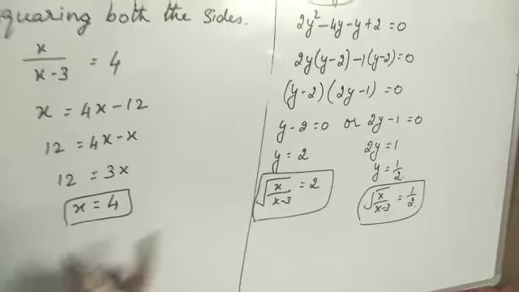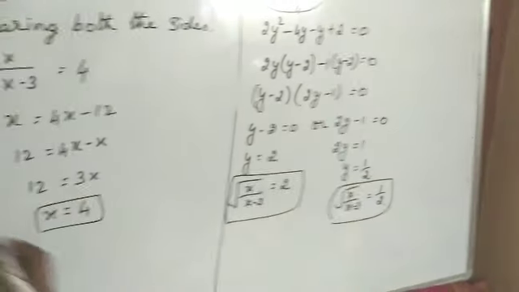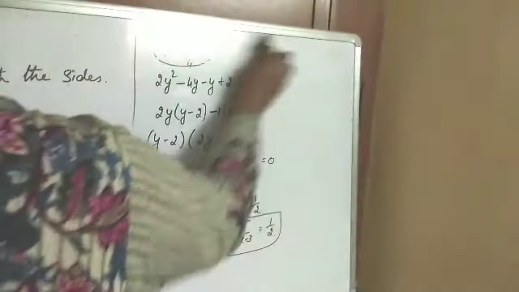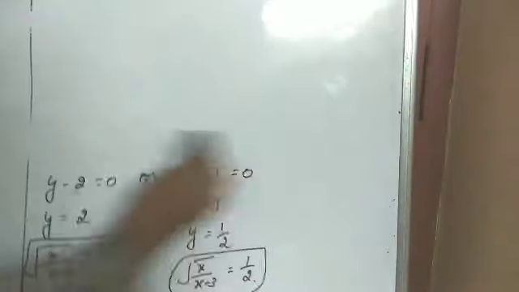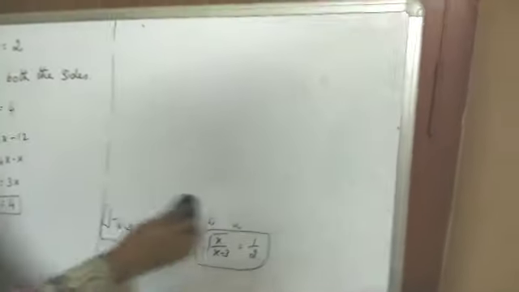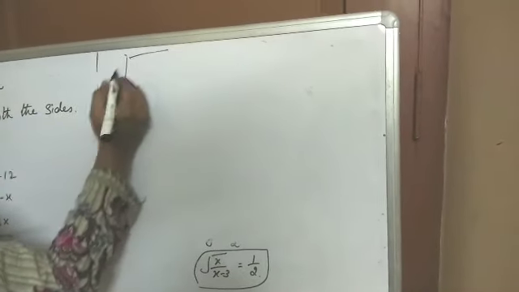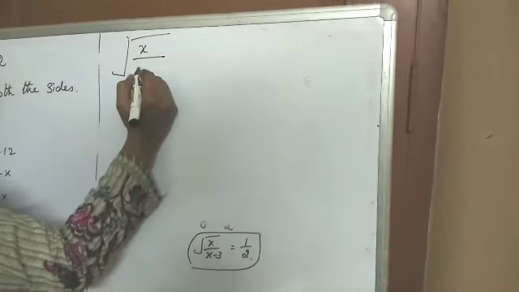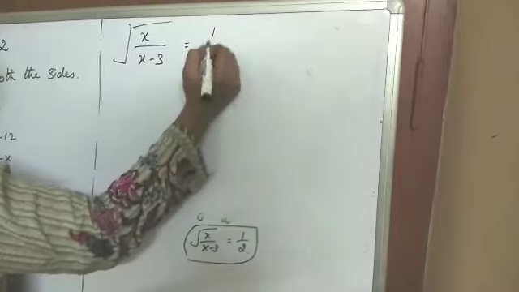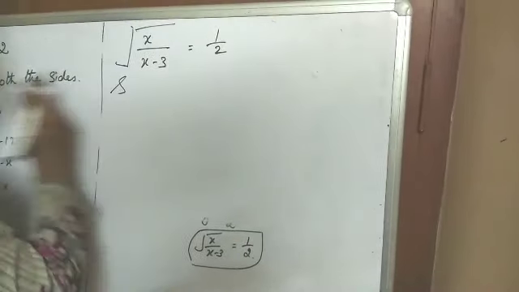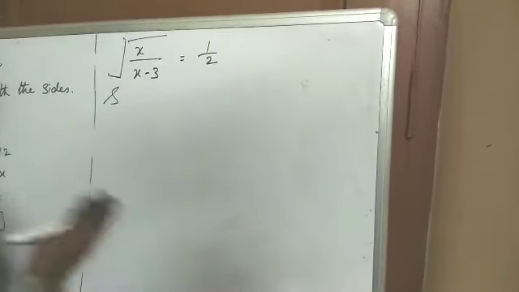Okay. Then take the other one, that is under root x upon x minus 3 is equal to 1 upon 2, squaring both the sides.